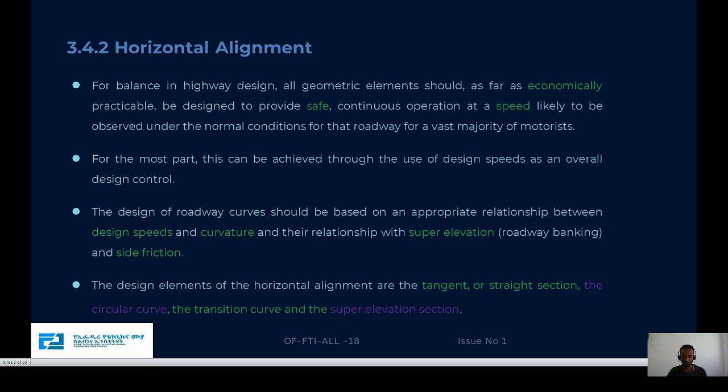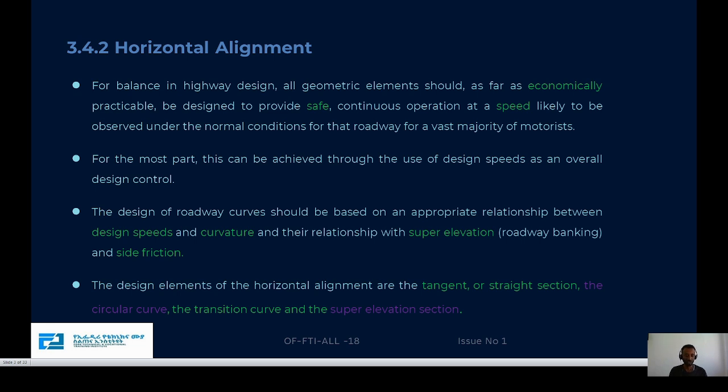There are different relationships between the design speed and curvature, and also a relationship between super elevation and side friction. It is elaborated as minimum radius R equals V squared over 127 times (e plus f). So this formula elaborates the relationships.